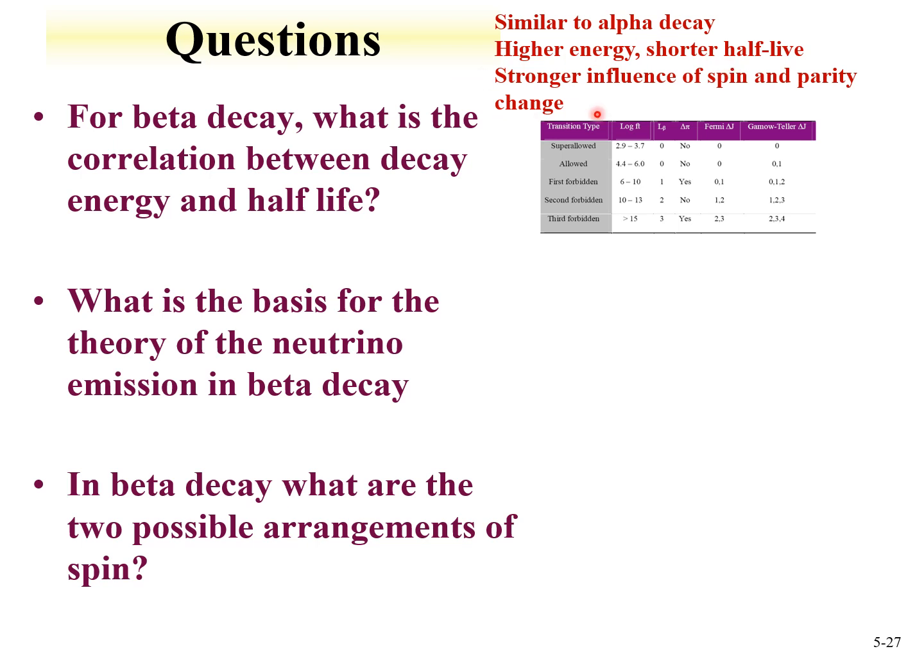However, we see a stronger influence on spin and parity change. We even discussed whether or not a transition can be super allowed, first, second, or third forbidden. We talked about how that forbiddenness or allowedness is related to whether or not there are spin changes and parity changes. We also discussed how one could evaluate these transition types in terms of log ft.